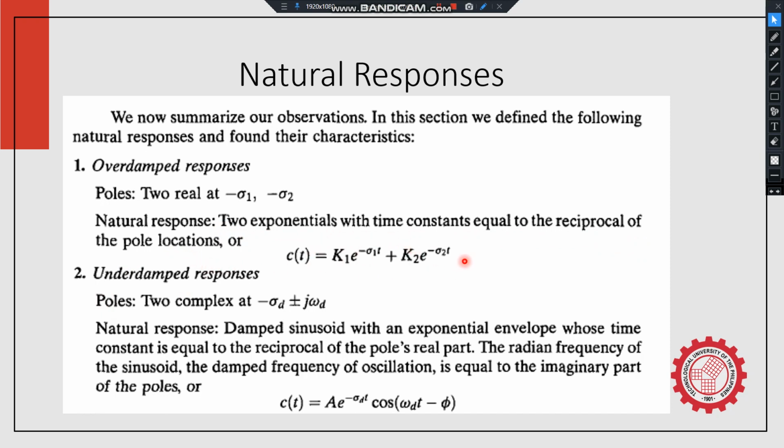For the underdamped, it has two complex poles. So the natural response is a damped sinusoid with an exponential envelope whose time constant is equal to the reciprocal of the pole's real part. The radian frequency of the sinusoid, the damped frequency of oscillation, is equal to the imaginary part of the poles.